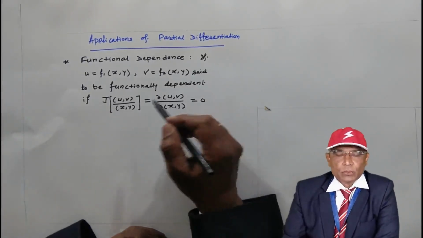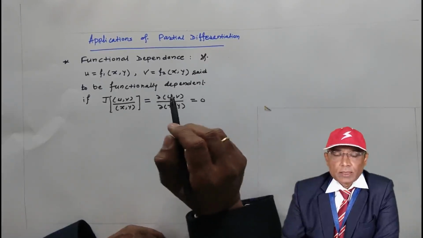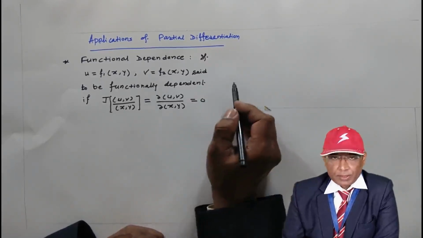If this Jacobian of u and v with respect to x and y is 0, then we can say u and v are functionally dependent.